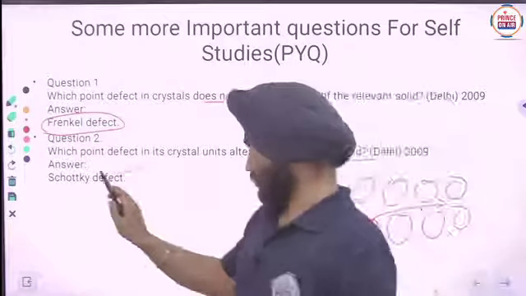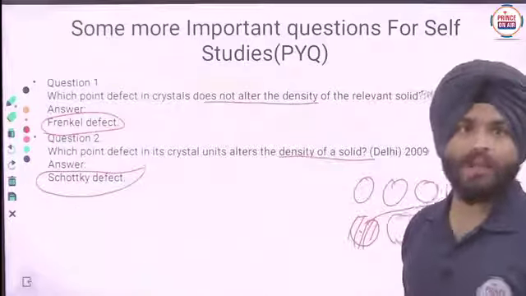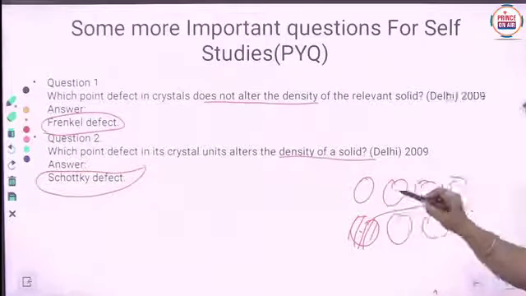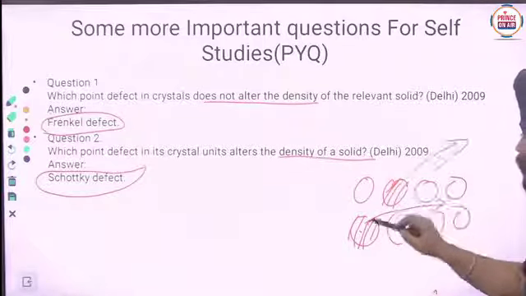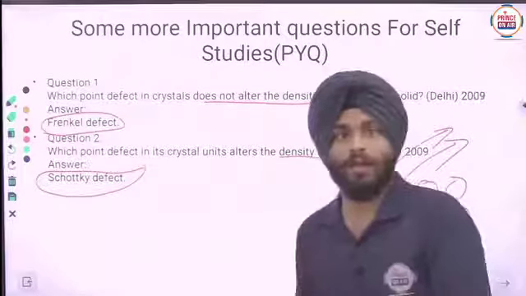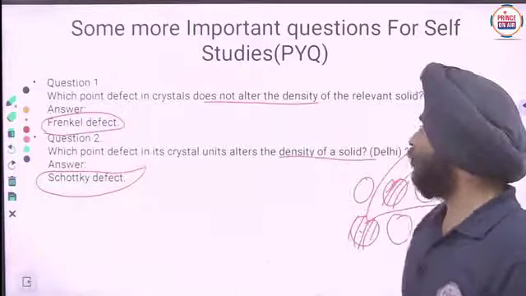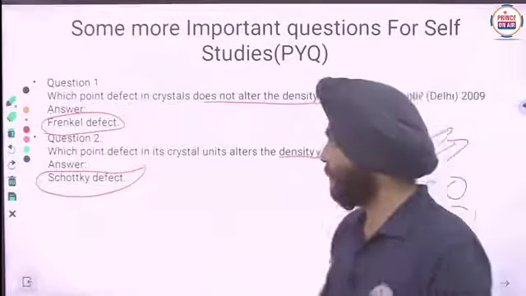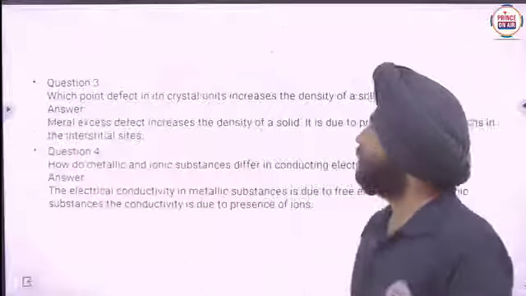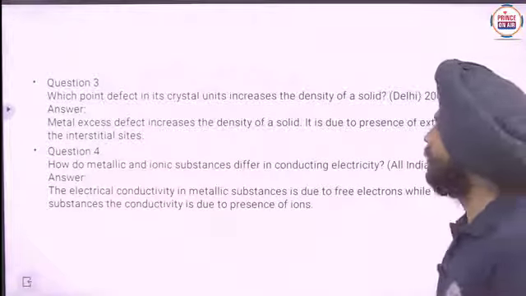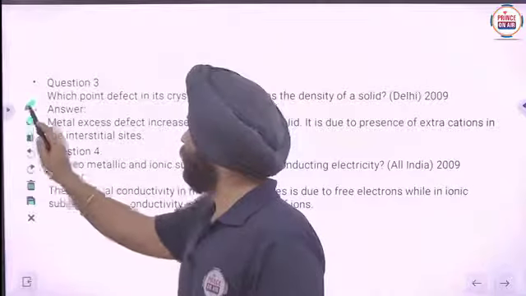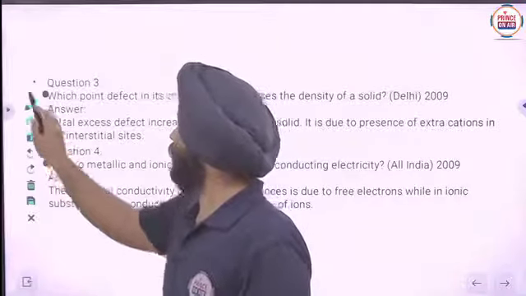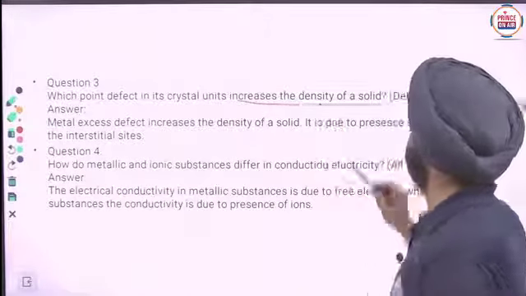Yes, sure, Schottky, in which the particles move outwards in pairs, positive and negative charged particles. Okay, so in that case the density of the whole crystal will decrease. Next is, which point defect in crystals increases the density of solids?